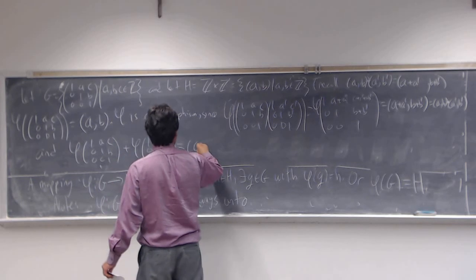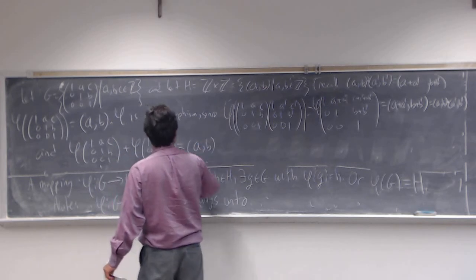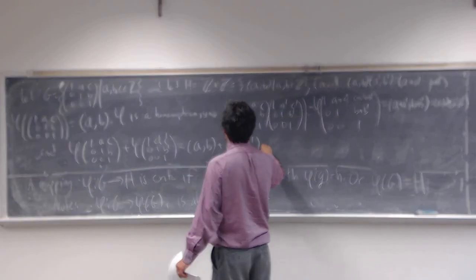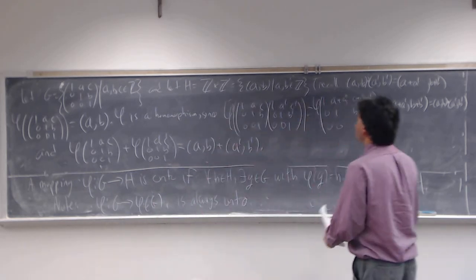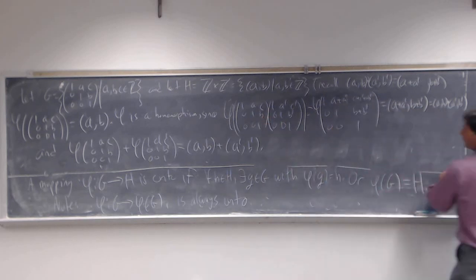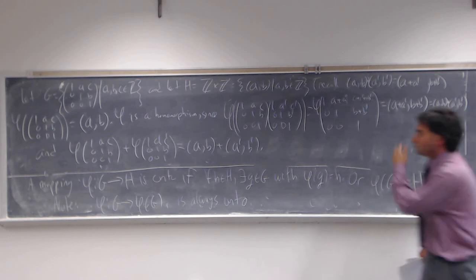This is just A comma B. This second element would be A prime comma B prime. So we can see, in one case, multiply first, stick into the function, I get A plus A prime comma B plus B prime.